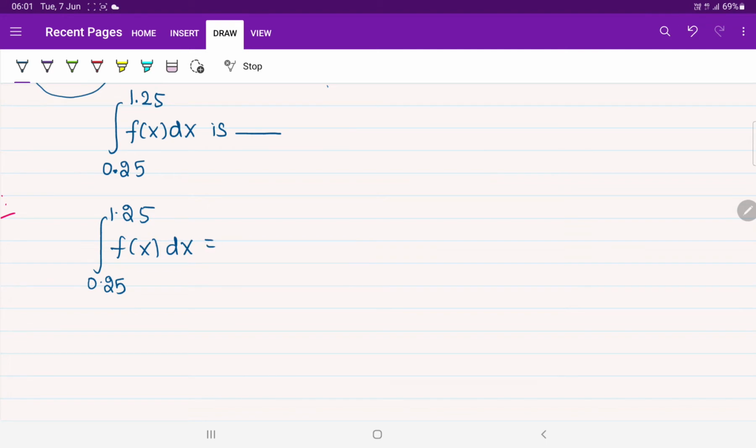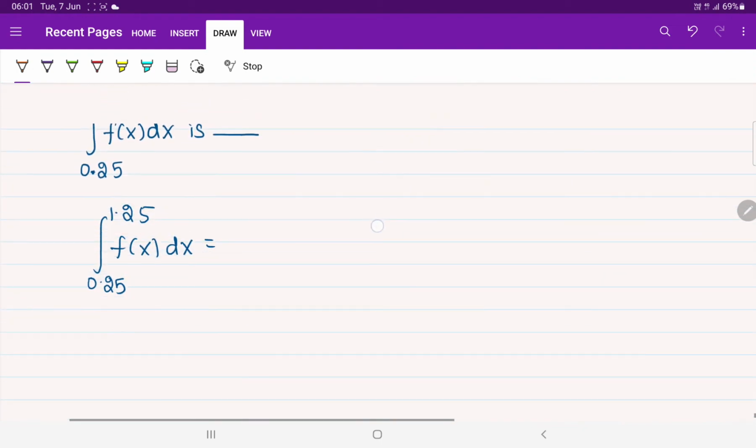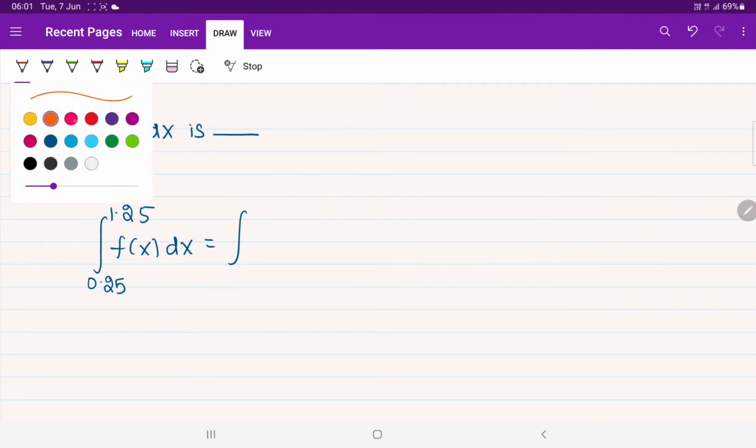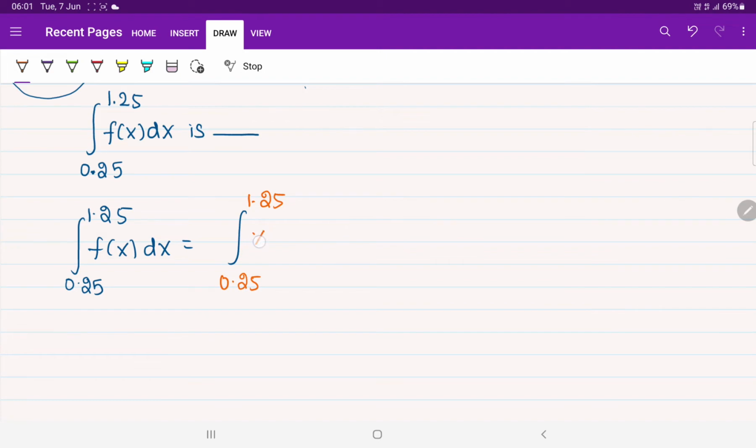How can I redefine this function? Let us break it one by one. This function can be written as the integral from 0.25, where the limit is going to be 1.25, of f of x, which can be written as x minus the closed interval of x, into dx.